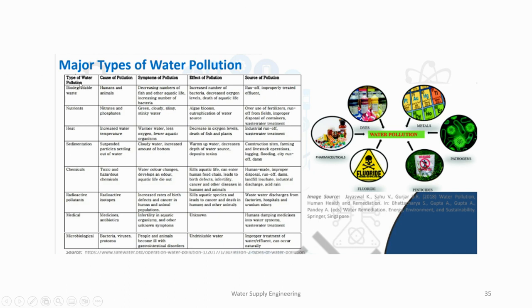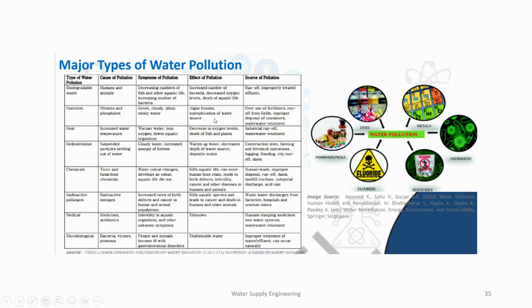The second type of water pollution is nutrients, that is nitrates, phosphates, etc. Once these are present in water, we can see that the water is stinky, turbid with greeny or cloudy or slimy appearance.